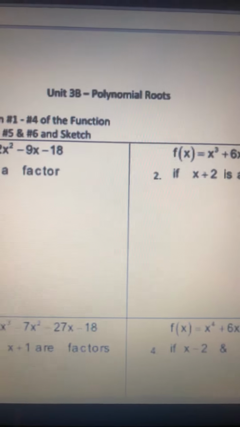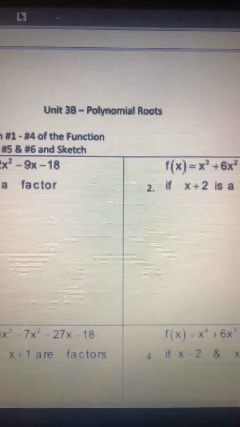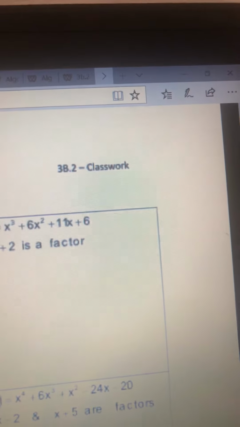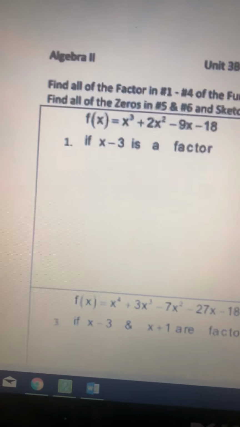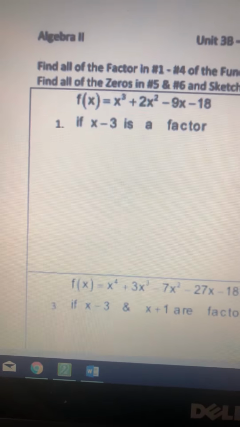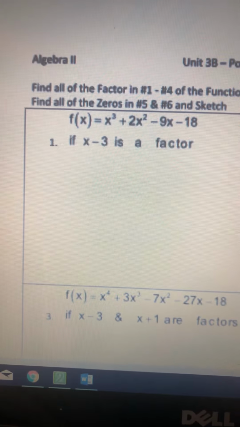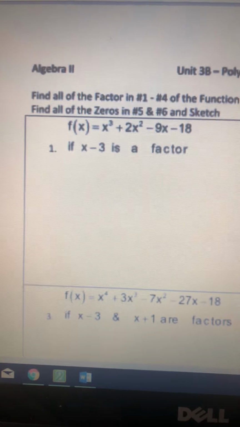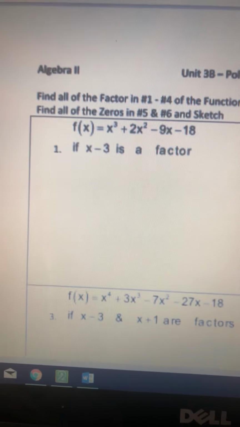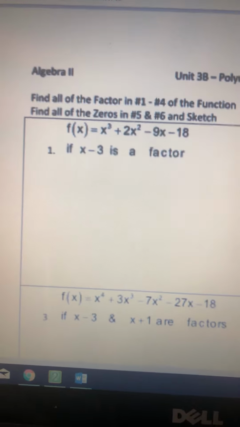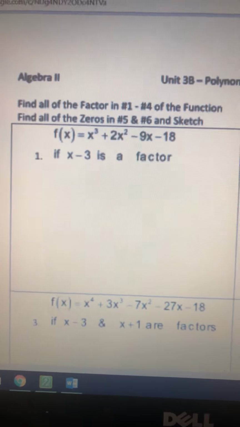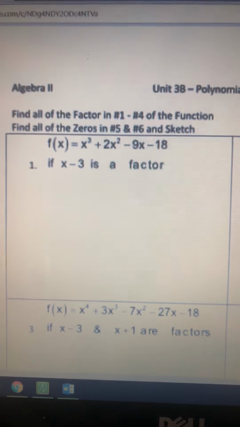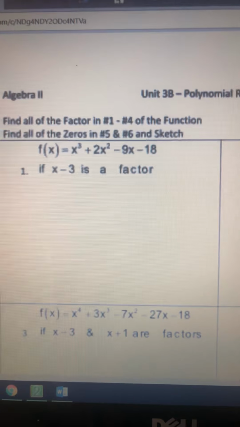Okay, so number 1, we are on the 3B polynomial roots classwork. We're going to work on number 1, which is simply: if x minus 3 is a factor, then we want to find the roots for x cubed plus 2x squared minus 9x minus 18.